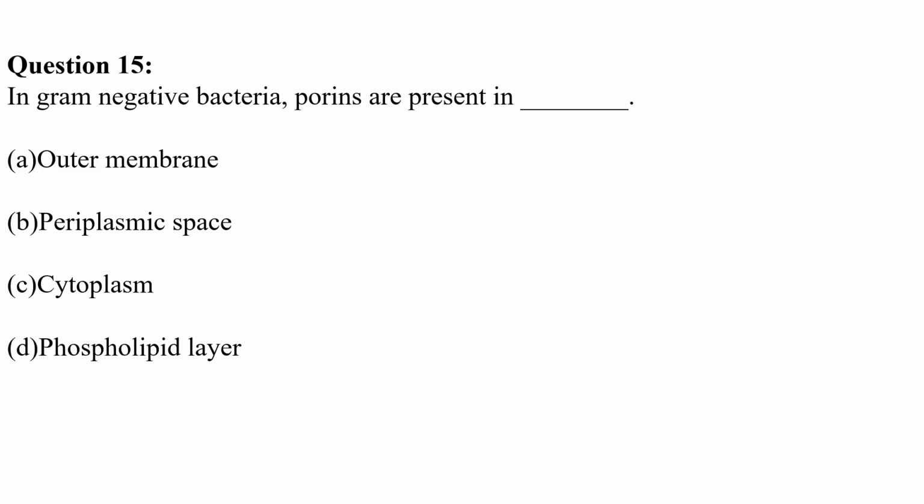Question number 15. In gram-negative bacteria, porins are present in dash. Option A, outer membrane. Option B, periplasmic space. Option C, cytoplasm. And option D, phospholipid layer.